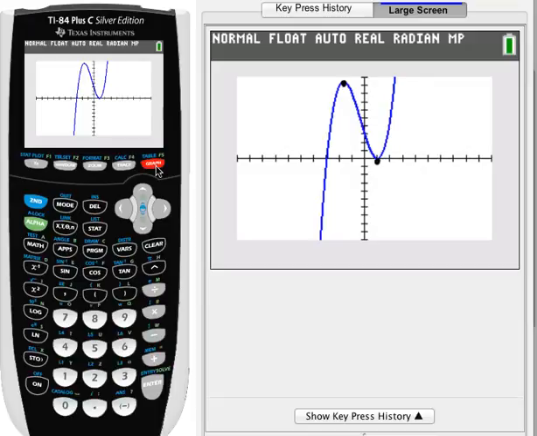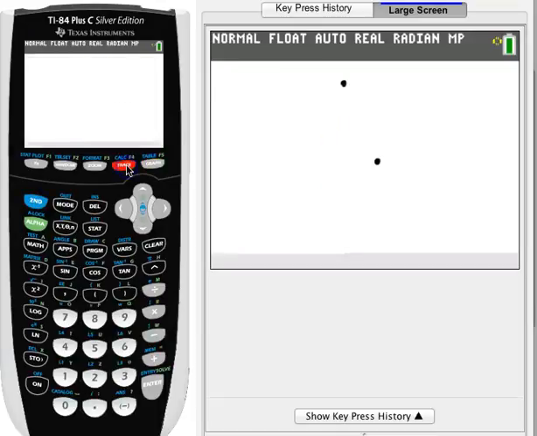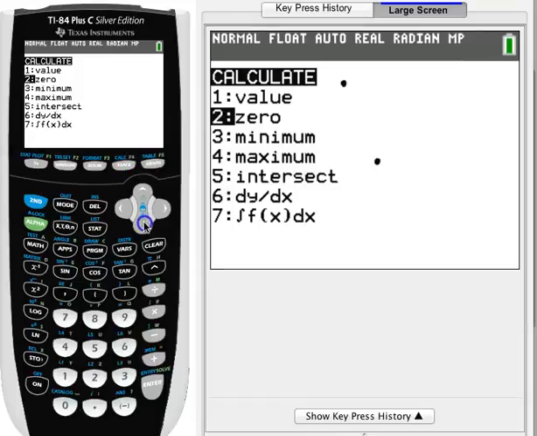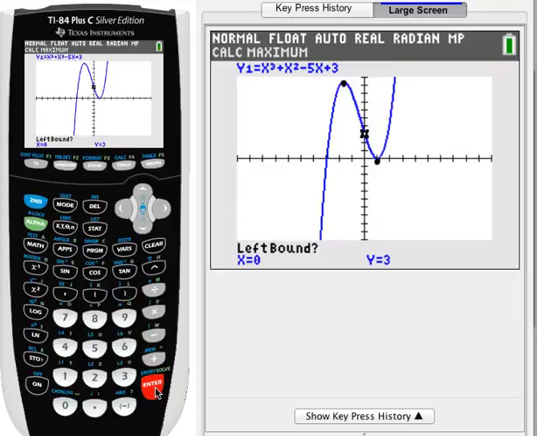So let's go through that process and making sure we remember how to find them. Let's start with the max. So remember, we go into calculate because we're calculating the maximum. Go down to max, and remember it's going to give me some prompts, left bound. So that means I want to scroll over until I'm to the left of that point, then scroll over until I'm to the right of that point. I'm going to hit enter one more time, and there is my maximum.